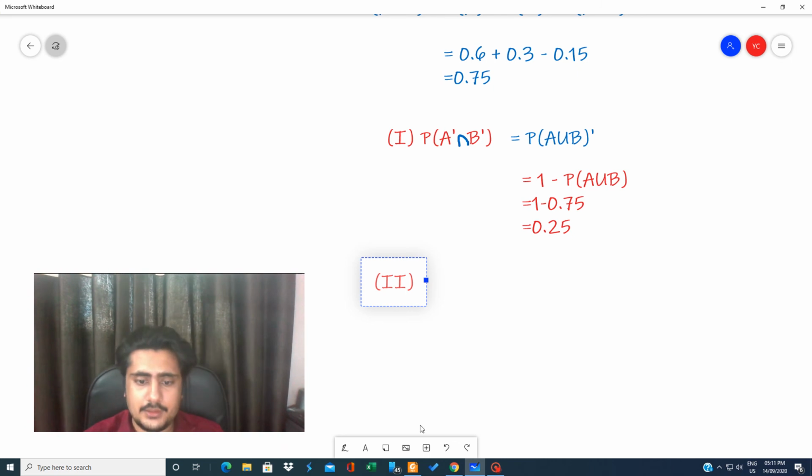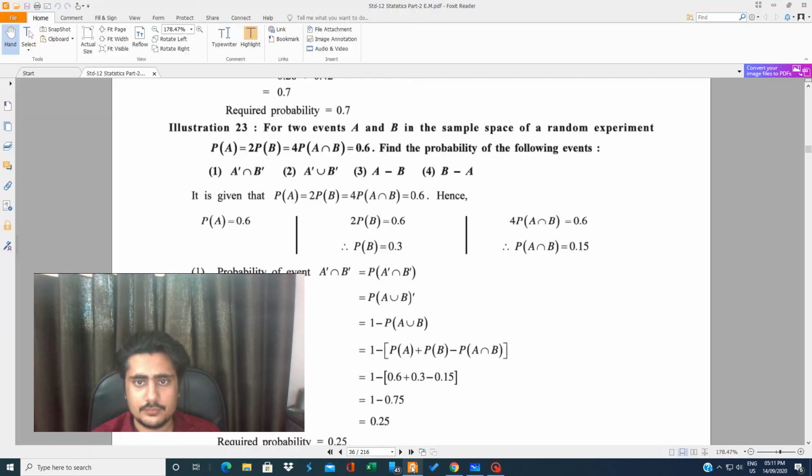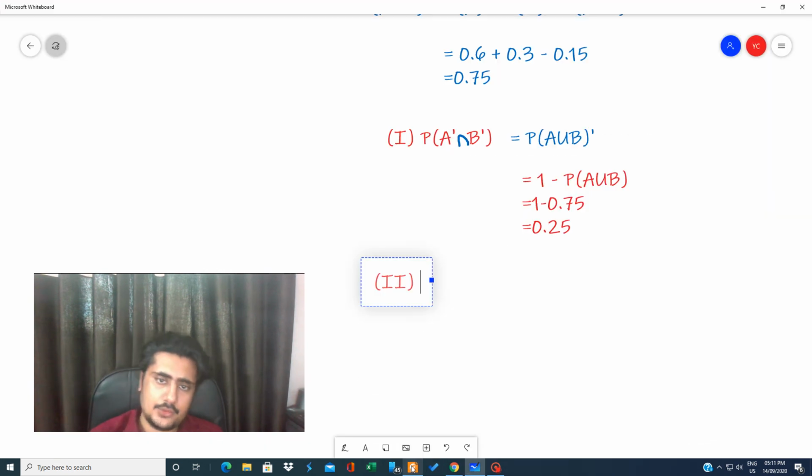Then second, A dash union B dash. Now, again, in the same way, how will I solve this particular thing?